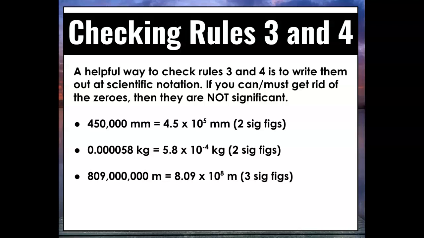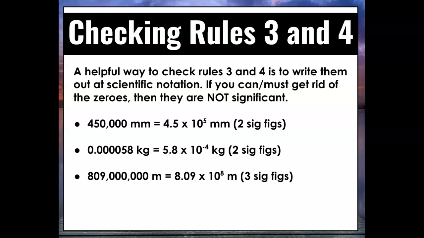Okay, so a helpful way to keep track of rules 3 and 4 when we're changing things into scientific notation is making a mental note of how many significant figures there are first. So if we have 450,000 millimeters, when we change that, we need to make sure that we're only keeping track of 2 significant figures because there is not a decimal place there.